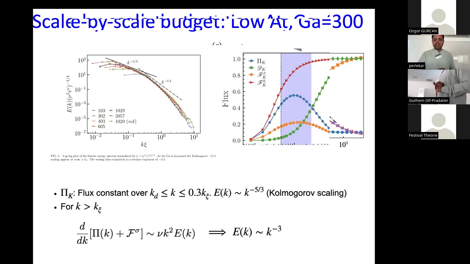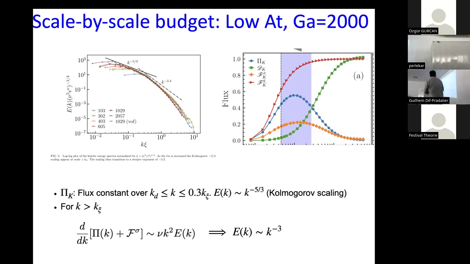Then you go ahead and you ask yourself the question, okay, what happens at still low output number, but I crank up the Galilei number? Remember, in this regime, you again expect -5/3 scaling to appear, because -5/3 scaling appears at large Galilei number, irrespective of your output number or density flux. And then you straight away see the nonlinear flux start to become dominant here, right?